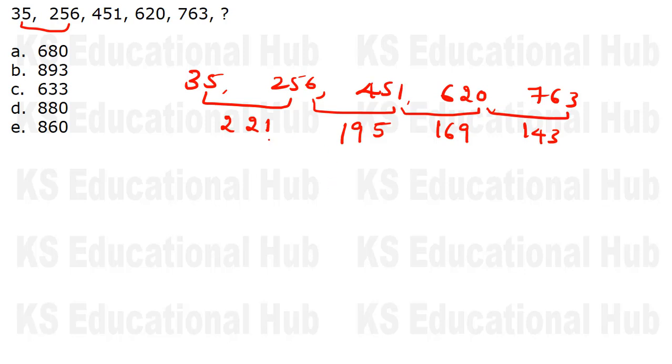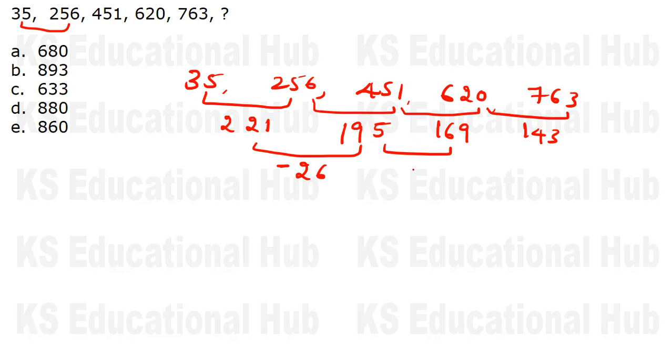So let's try to take the differences of differences now. Okay, 221 minus 195 is 26. Then 195 minus 169 is again 26, so the value decreased here, right?